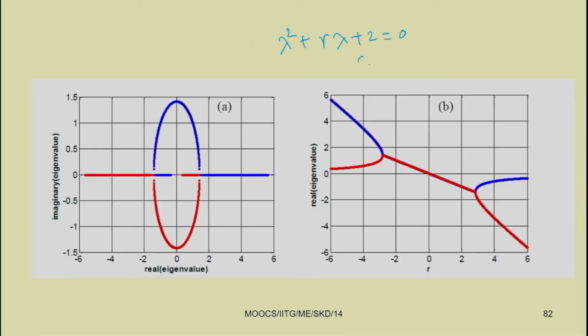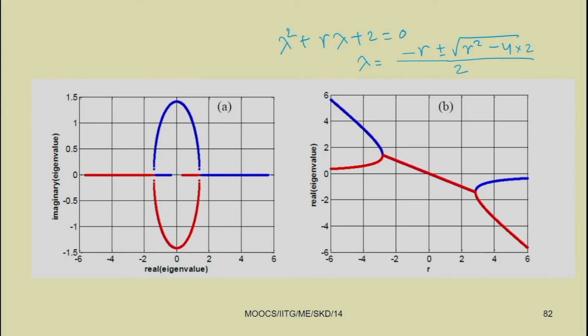We can find lambda equal to minus b plus minus square root of b square minus 4ac, by 2a. Here b equals r, a equals 1, and c equals 2, so 4ac is 1 into 2 into 4. So lambda equals minus r plus minus square root of r square minus 8, by 2.